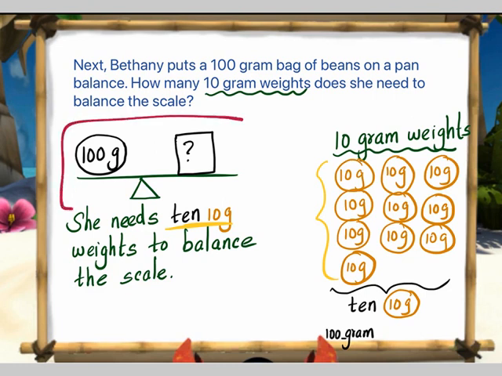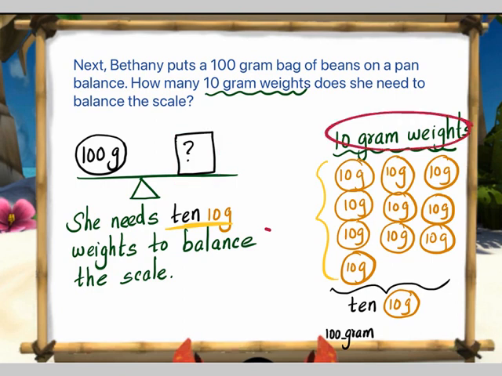Here is the scale where she has put 100 grams on one side. We have to find how much weight we should put on the other side to balance the scale, in 10 gram weights.